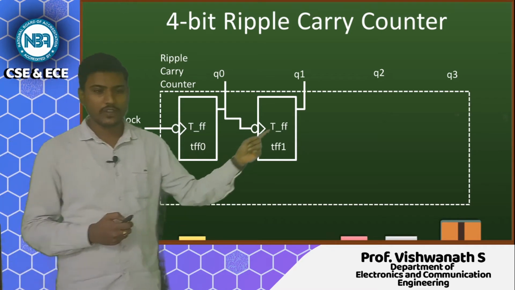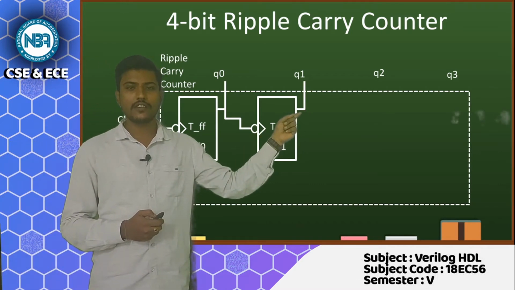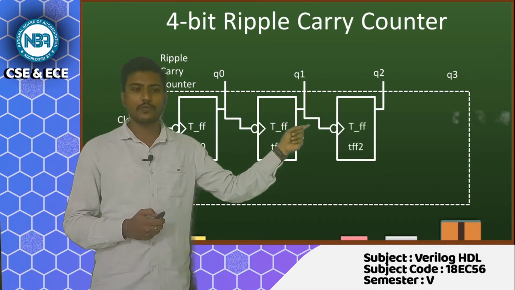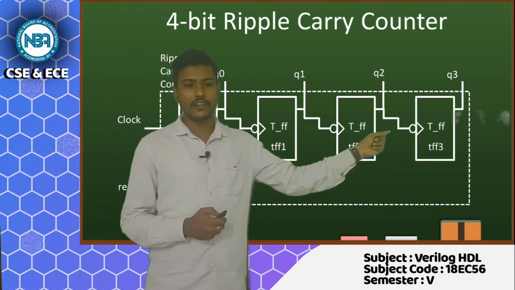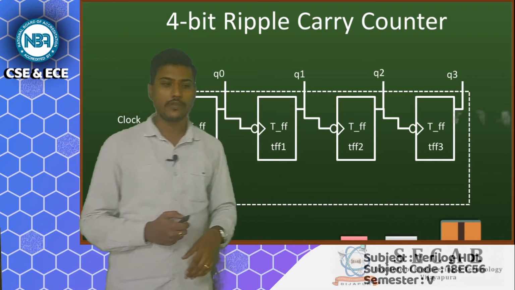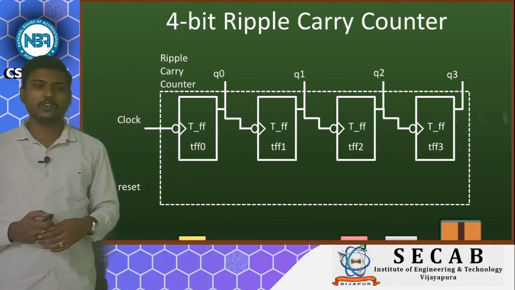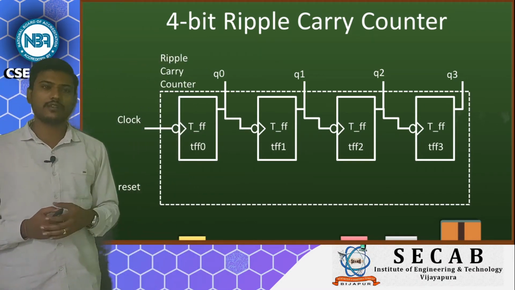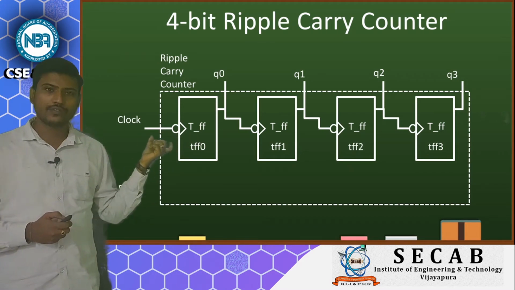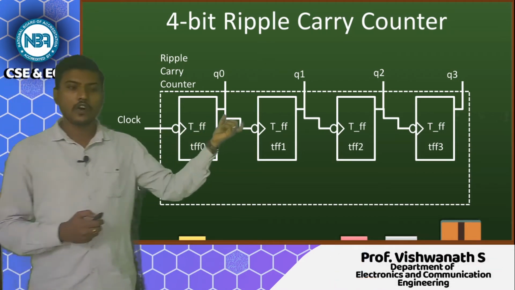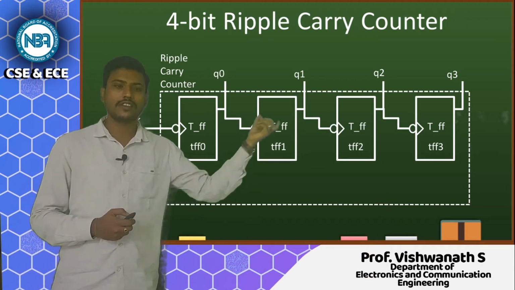Again, we take the same flip flop output, and this output is fed as an input for this particular flop, and again the same thing goes on. So, this is how a 4-bit ripple carry counter looks like. First we feed the clock only to the first flip flop, and the outputs are fed to the next flip flops.